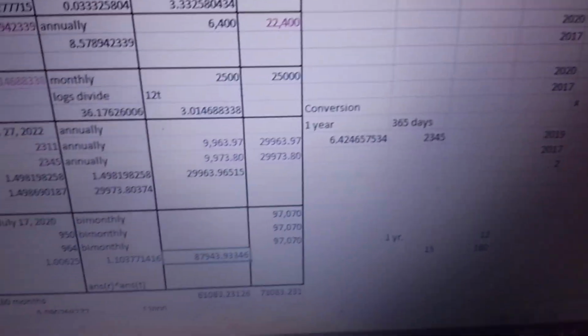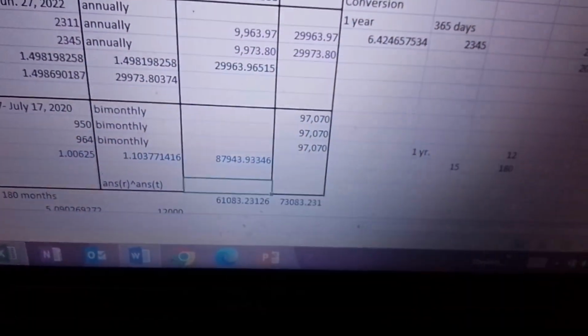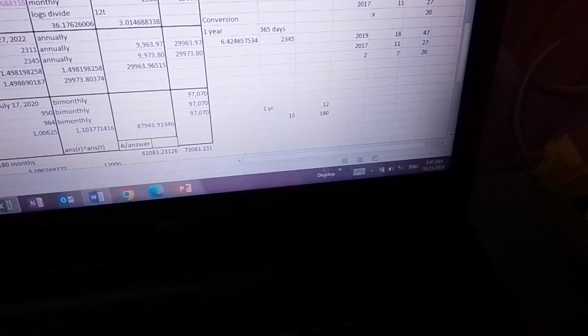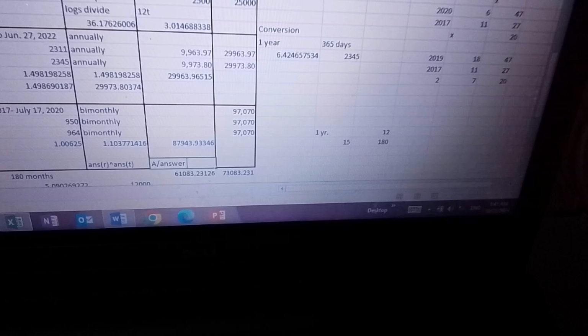The principal should be 87,943.93. So what I did here is the future value or amount A divided by the answer of the base.